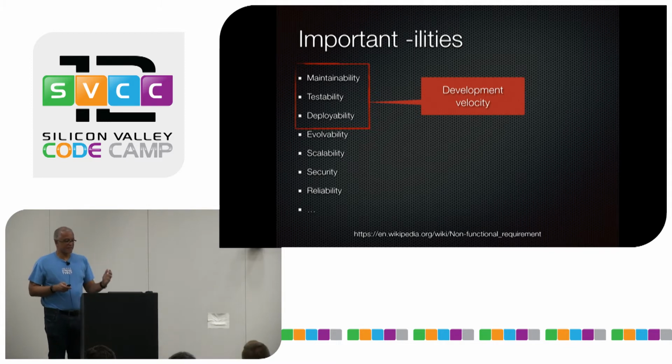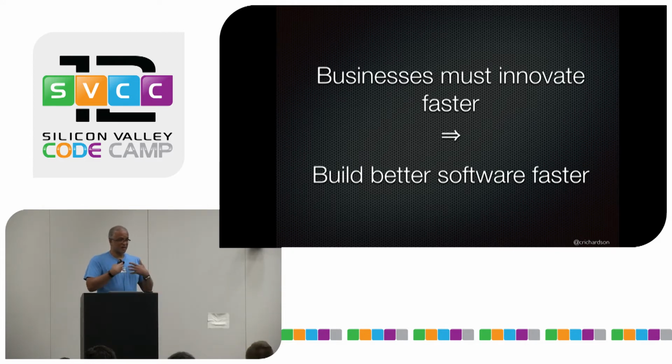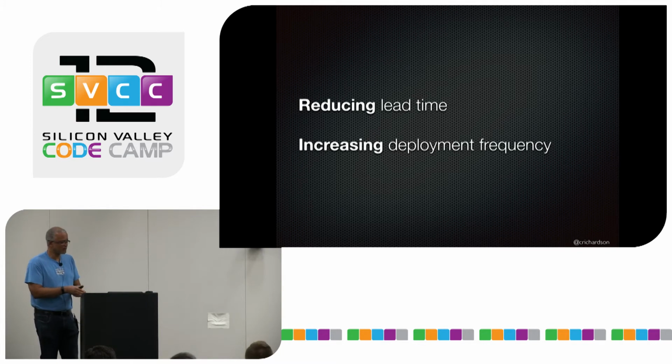And this matters today, for the usual reasons, right? Businesses need to innovate faster, which means that we as developers need to deliver better software faster. So we basically have to do a much better job at delivering features. And more concretely, that boils down to two attributes, right?